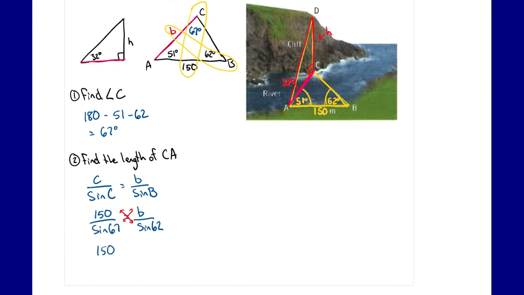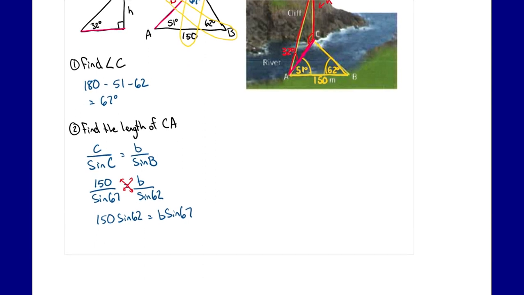I get 150 times sine 62 equals b times sine 67. I want to get b by itself, so I'm going to bring the sine 67 over and divide. So 150 times sine 62 divided by sine 67 equals b. This just becomes one calculation, and we get that b is equal to 144 meters.